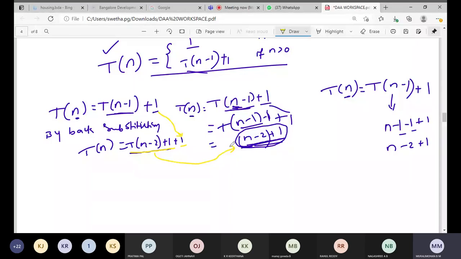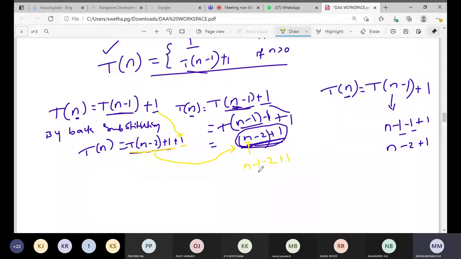Now again, if I apply backward substitution here, means again replace n by n minus 1. So what will we get? N minus 1, so this minus 2 will be as it is, and this plus 1 will be as it is.